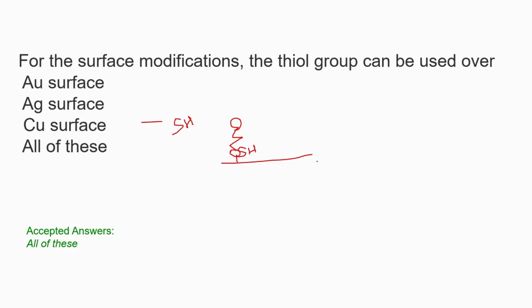So we can modify the surface of gold, silver and copper using these thiol ligands and form self-assembled monolayers over these surfaces and modify them with desired functional groups for the application of interest.